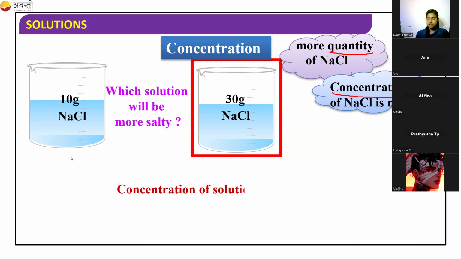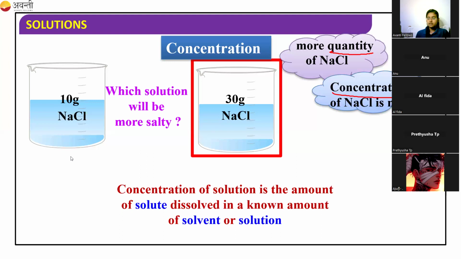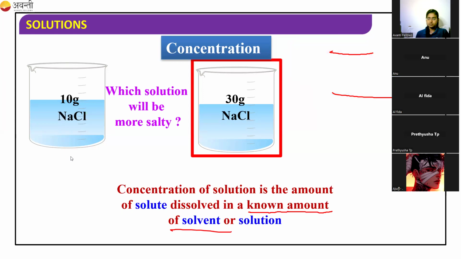Concentration of a solution is the amount of solute dissolved in a known amount of solvent or solution. Known amount means 100 ml. I already know the amount of the solvent, no? So in that 100 ml, the amount of solute dissolved denotes the concentration of that solution.